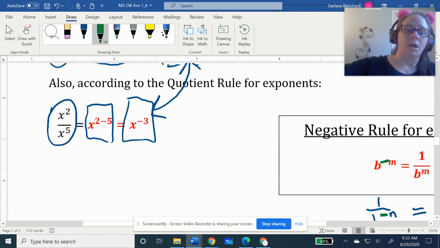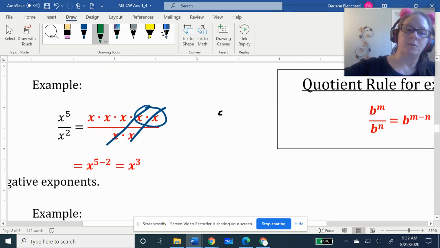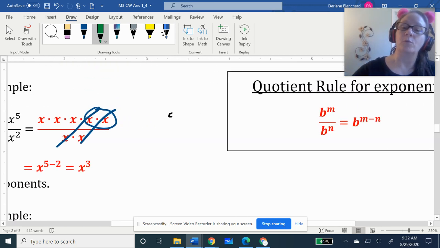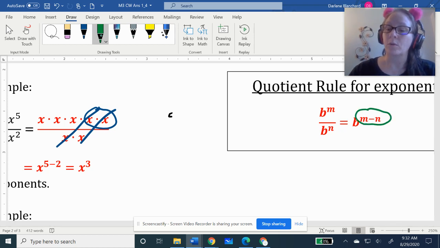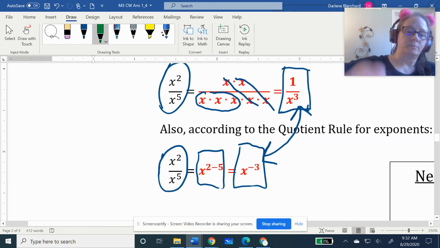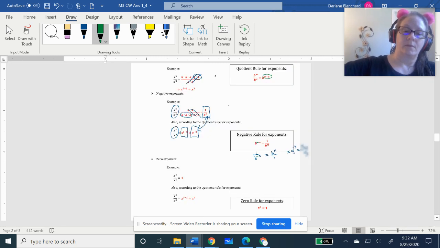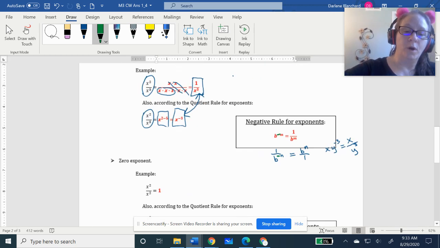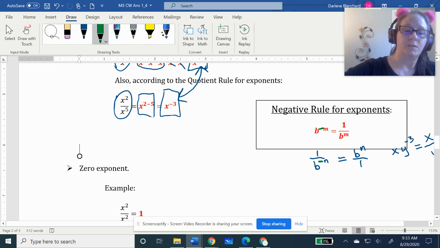And to really understand it better, you need to first understand why the quotient rule works and look at this subtraction order and let that absorb and make sense. Then I have one more rule to go over today.